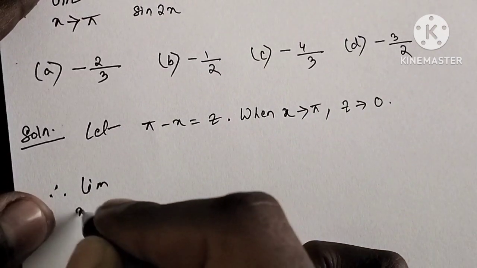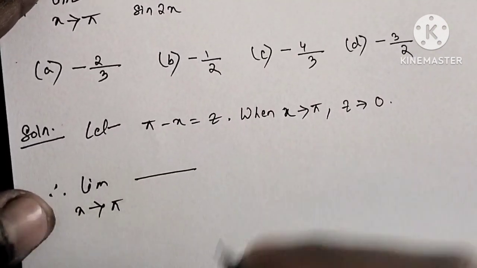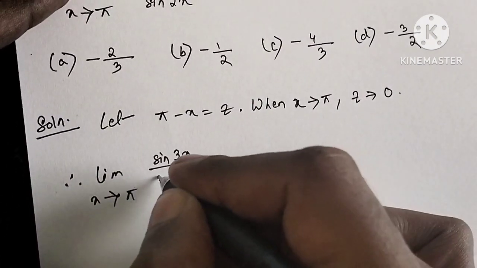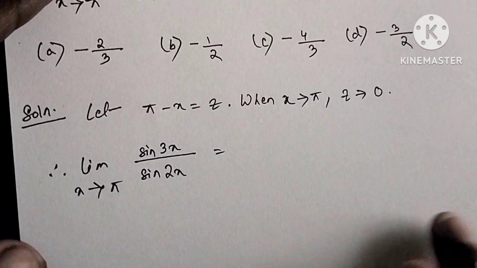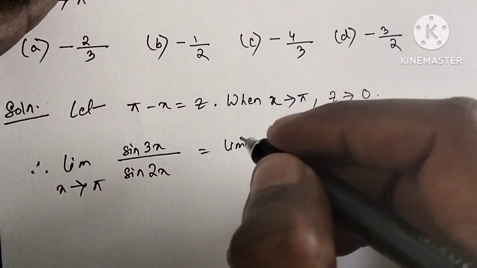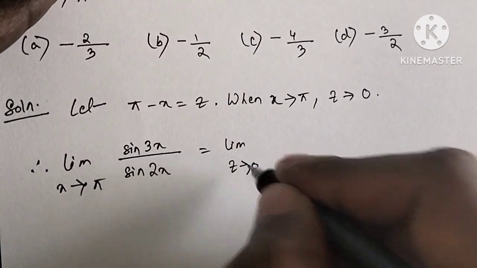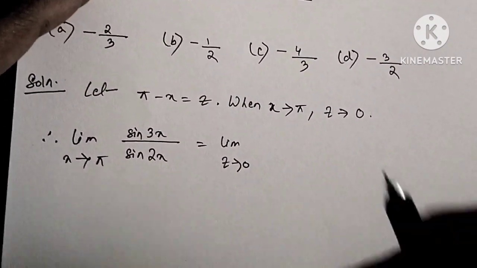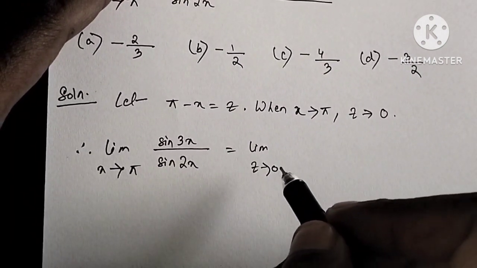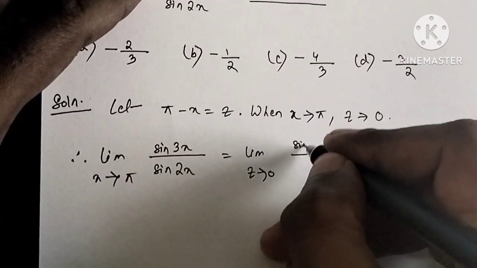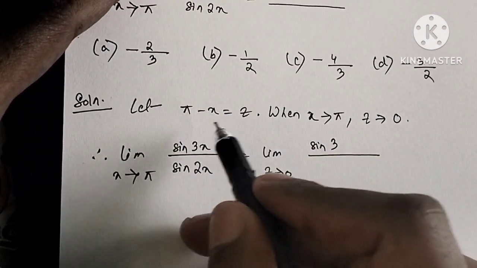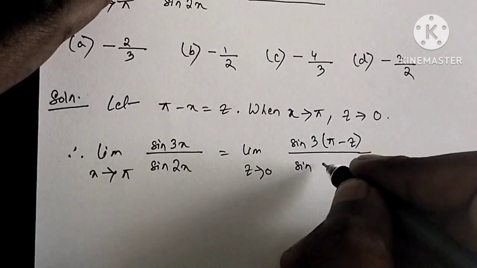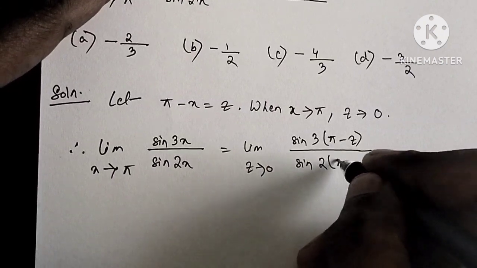Limit x tends to pi, sin 3x by sin 2x can be written as limit z tends to 0, sin 3 into pi minus z by sin 2 into pi minus z.